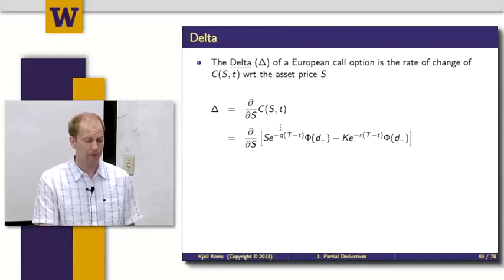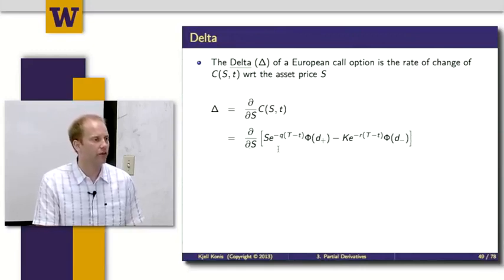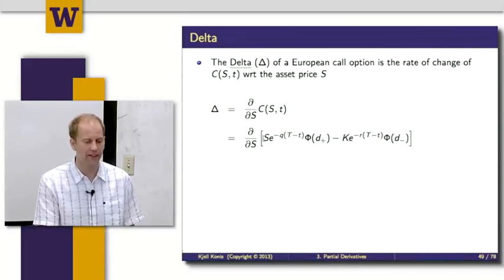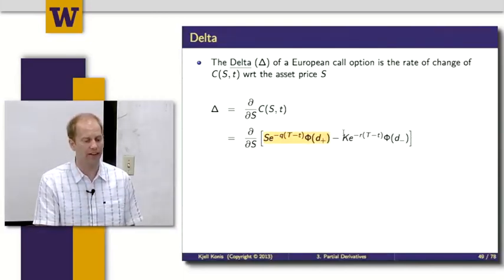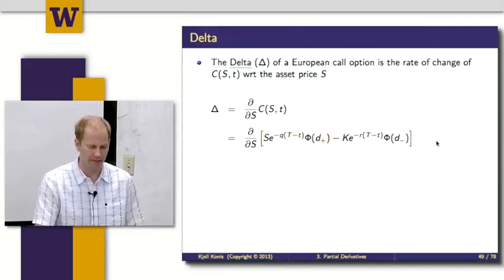I'm just going to go ahead and start using the rules we've been developing earlier in this course to start taking the derivative here. The first thing I'll notice is that the pricing formula has 2 terms. So I can use the linearity property of the derivative: this is essentially a sum, and the derivative of a sum is the sum of the derivatives.